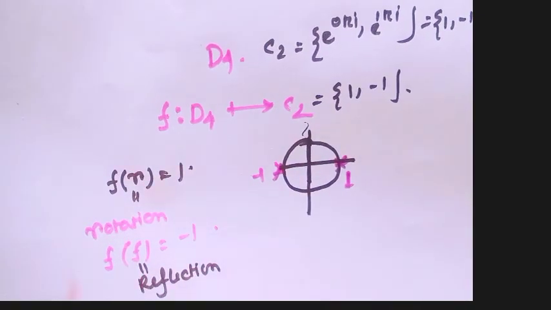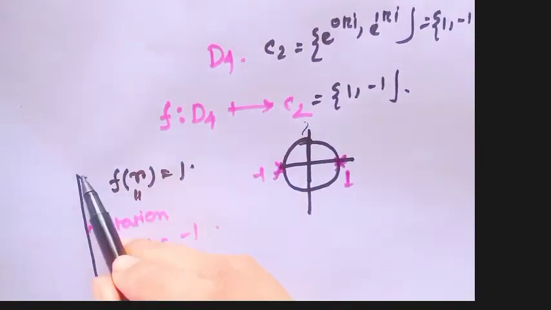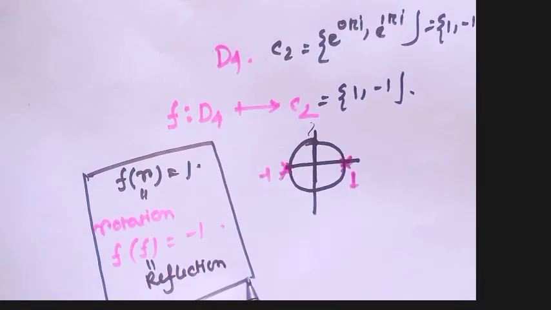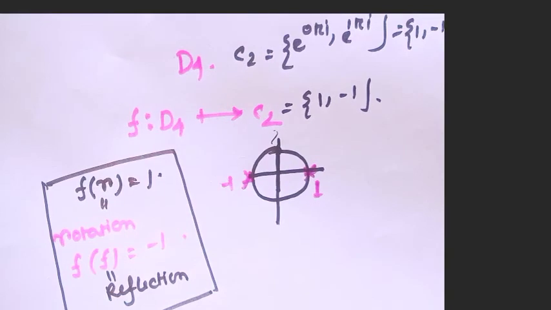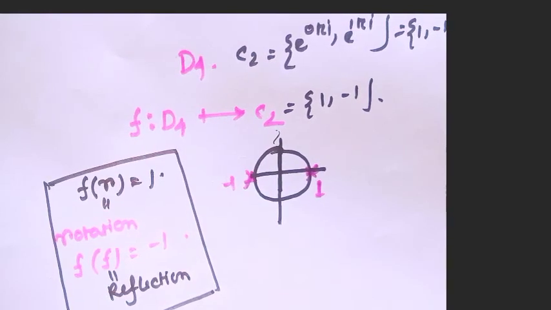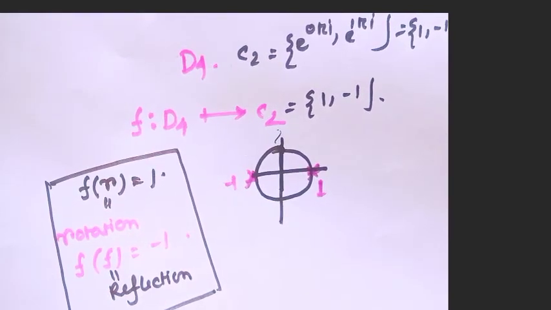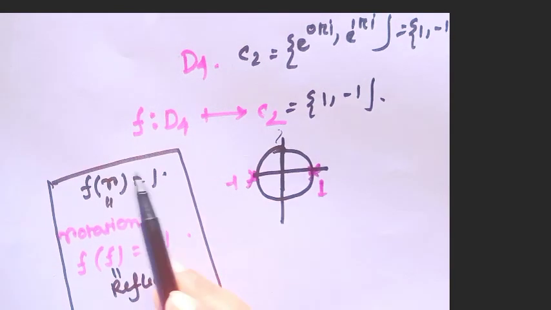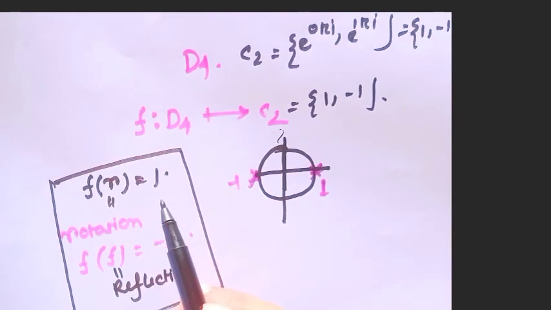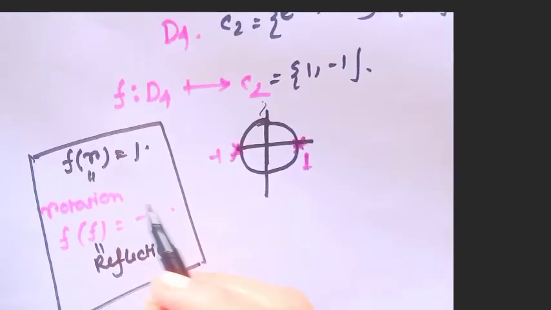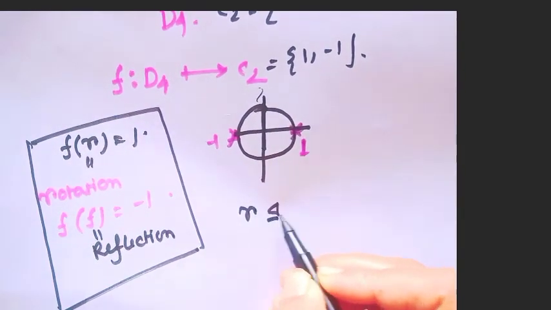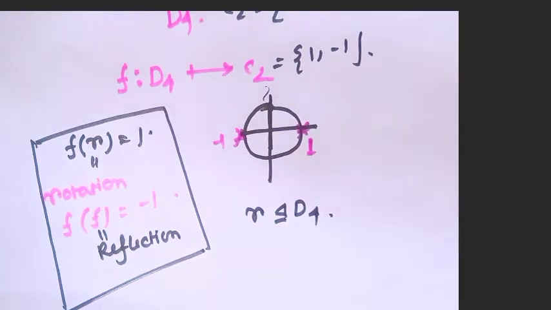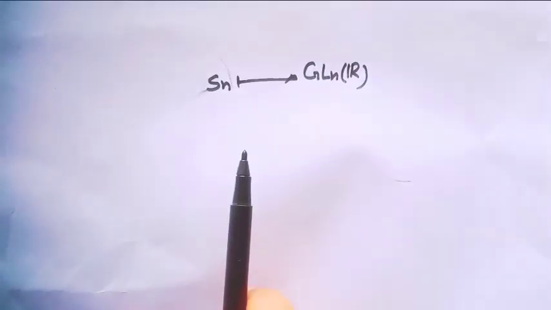And this is always an example of a homomorphism. Let's check yourself. I leave it as an exercise. What would be the kernel? The kernel is the set of all rotations. So all rotations, R, is a normal subgroup of D4. Are you getting? See one more example.